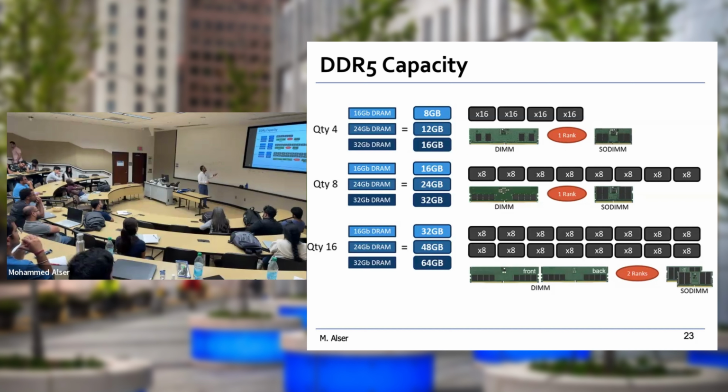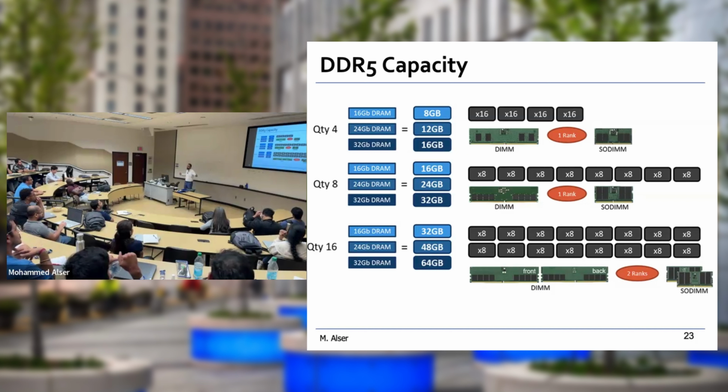So if you have a 16 gigabit chip, you can make 4 of those. So that will add up into 8 GB. Or 24 gigabit chips, 4 of them will make 12 gigabytes and so on. So then you'll have 16 bits coming from the first chip, 16, 16, and 16. That's in total 64.